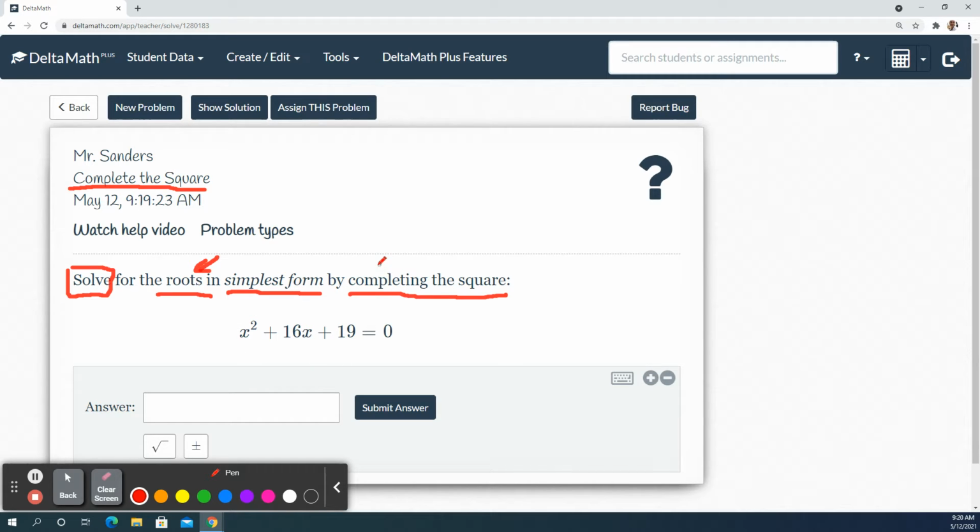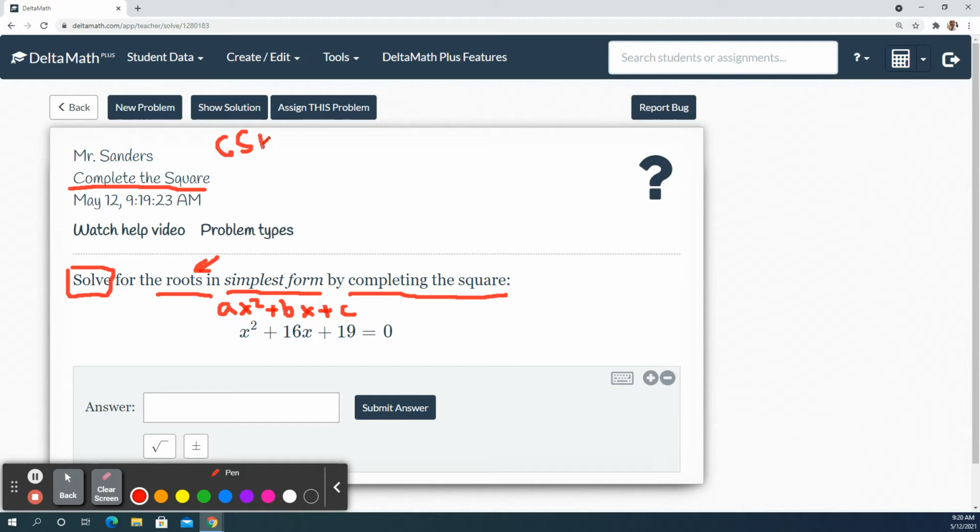I'll go ahead and show you my version. All right, so first thing I would do is write out the general form, ax squared plus bx plus c. So it's already in that form, which means b is 16. We need that number. So the first thing I'm going to do is use the complete the square number.